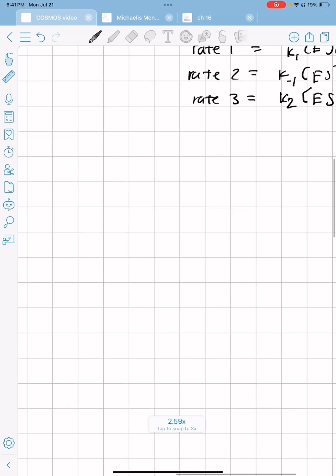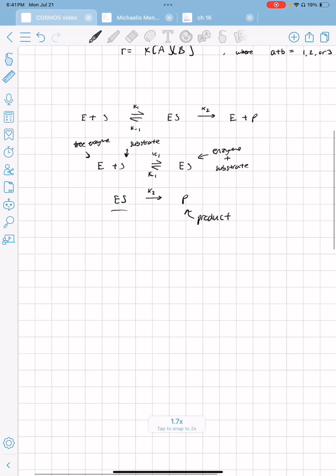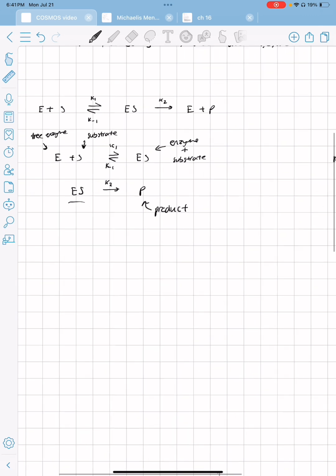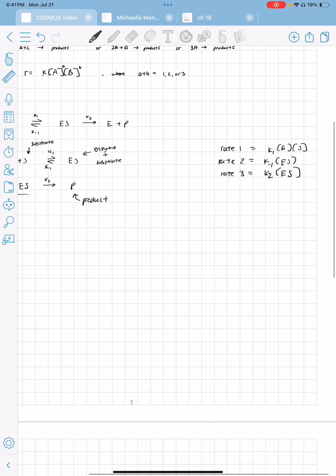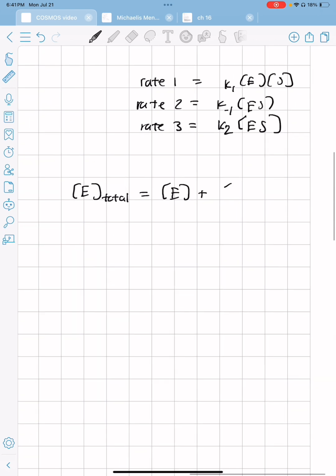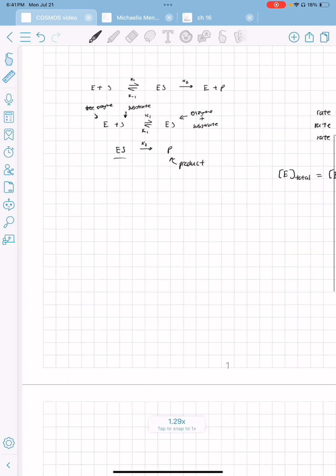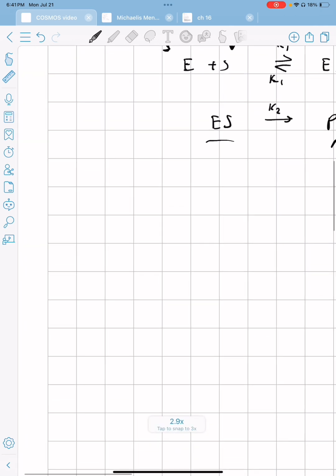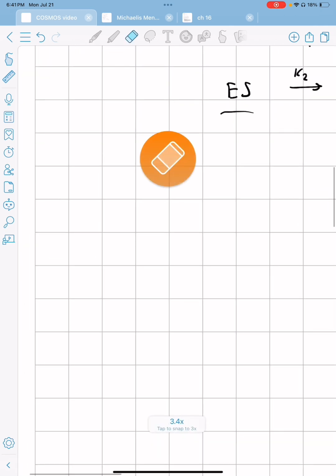Okay, so we have free enzyme and we also have enzyme bound to substrate. What is the total enzyme present? It's going to be the sum of the two. I'll write that down real quick. We're going to consider this mechanism, this reaction, to be at steady state.